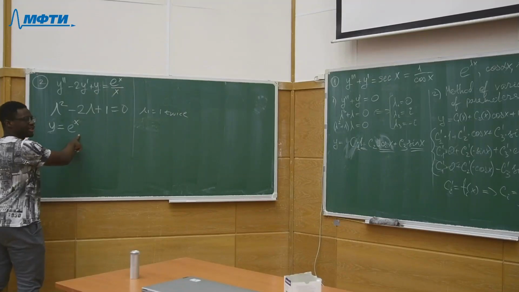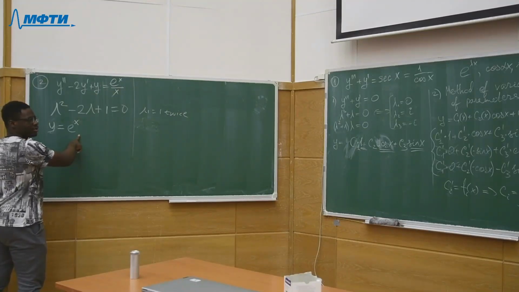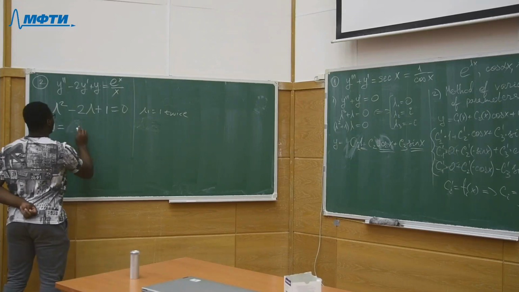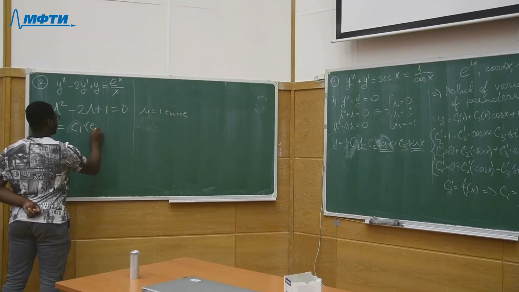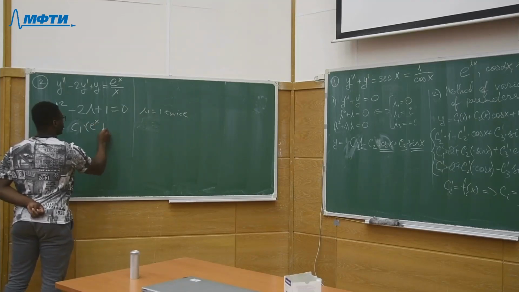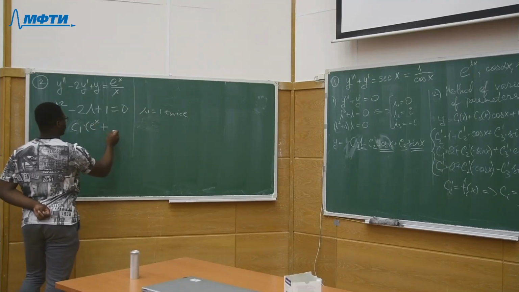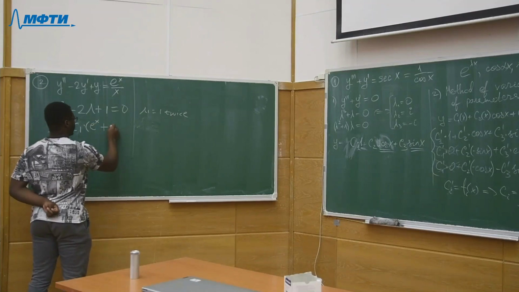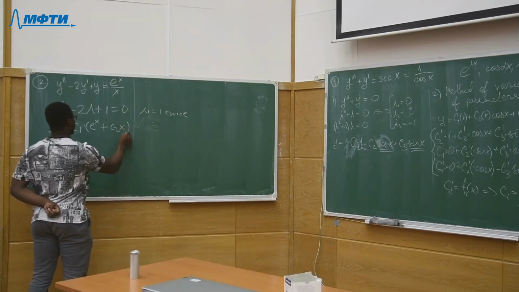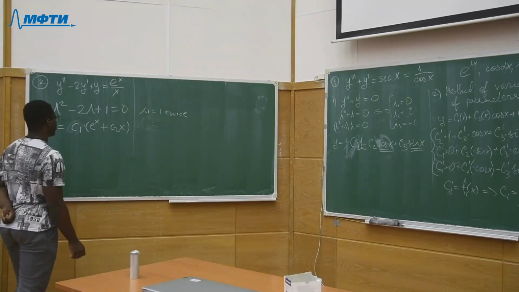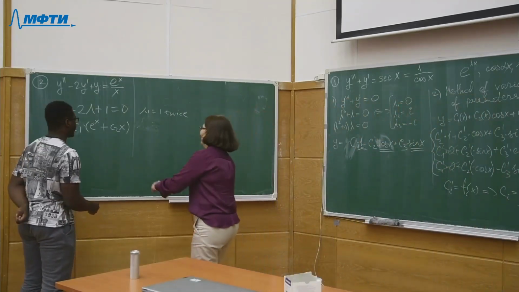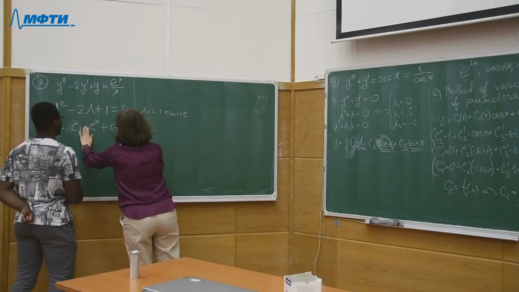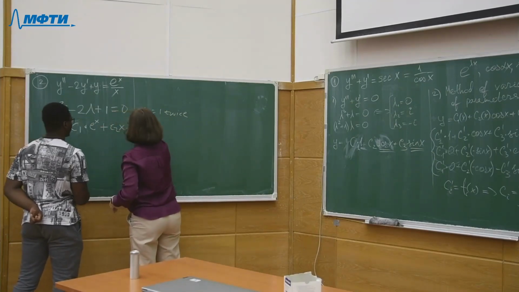Then you should multiply by x. C1 times e to x, plus C2 x e to x.